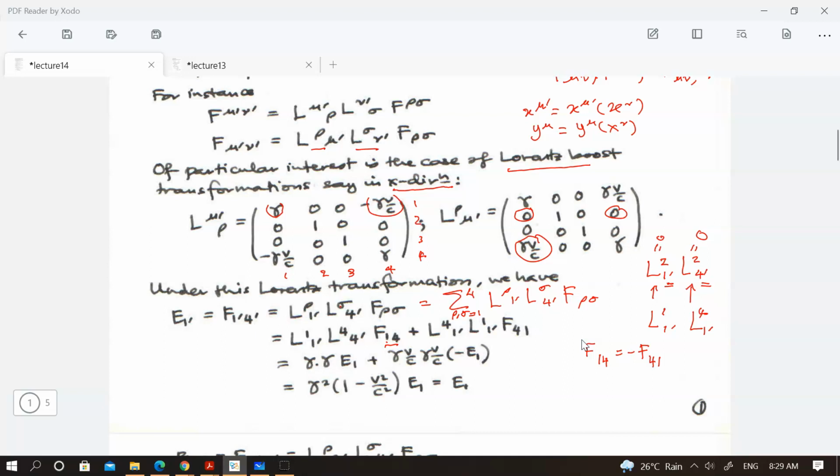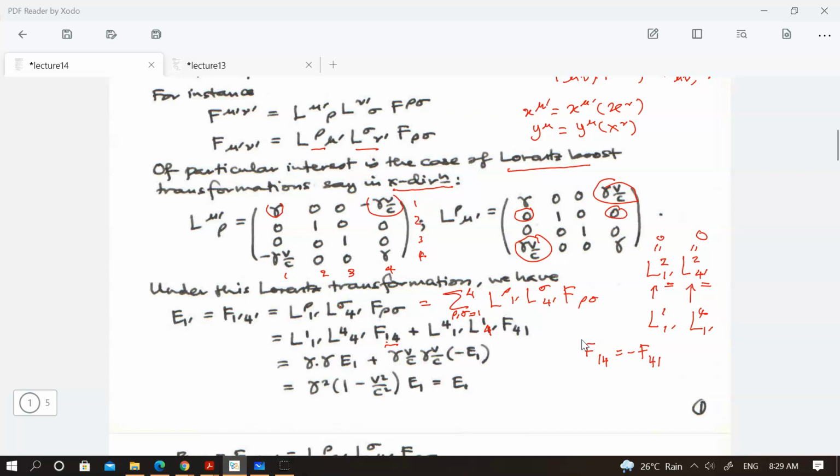Oh, again, that's a mistake. This would be 4 dash. Remember it's 1 dash, 4 dash. Sorry about that. So L14 dash will be this one, so you have gamma V on C, the whole thing squared.